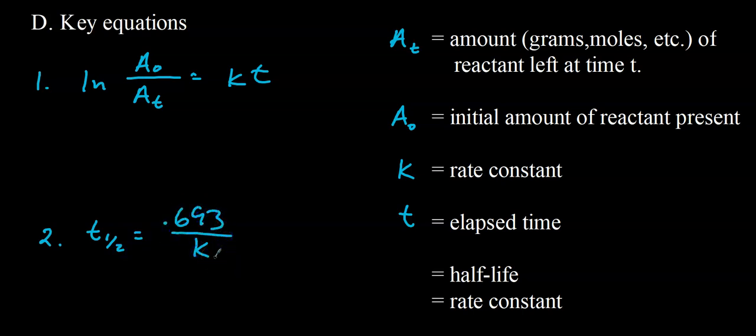Natural log of 2 over k, so 0.693 over k, where of course t to the 1/2 is our half-life, and k is the rate constant. So if you're ever asked about the half-life of a radioactive substance, all you would need is the rate constant for that reaction, and that can be used to give you the half-life.